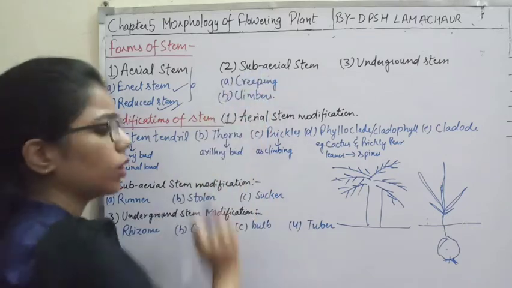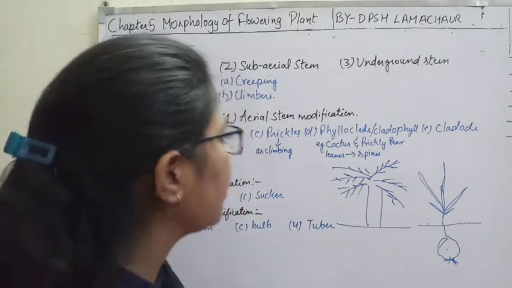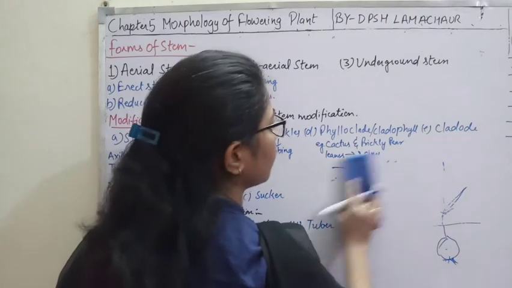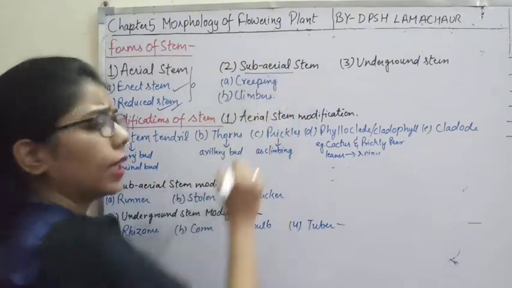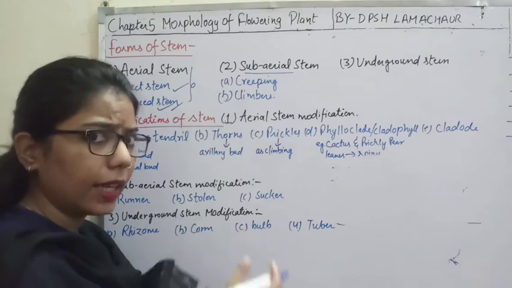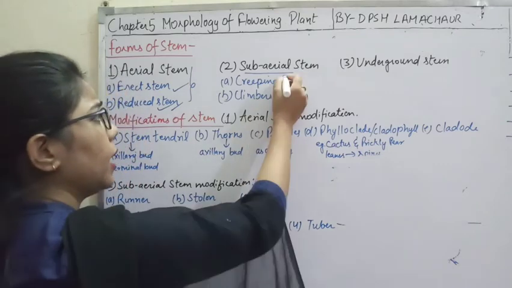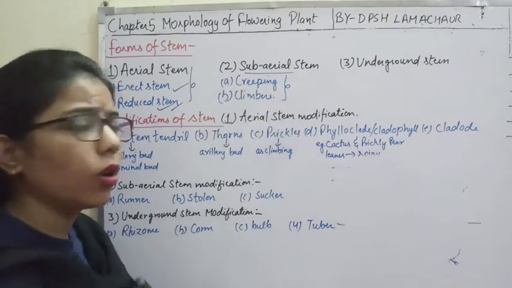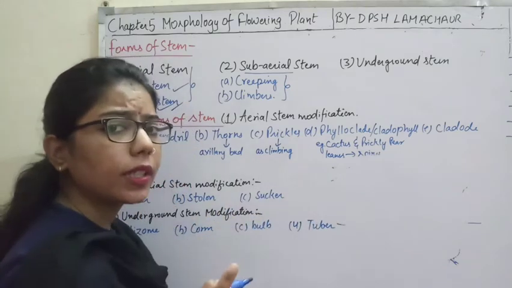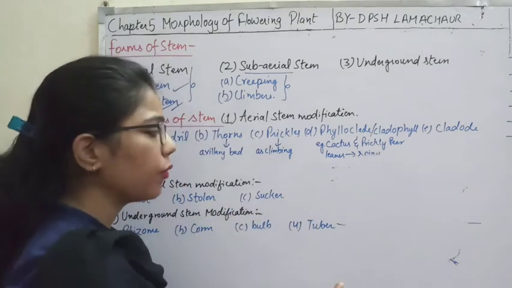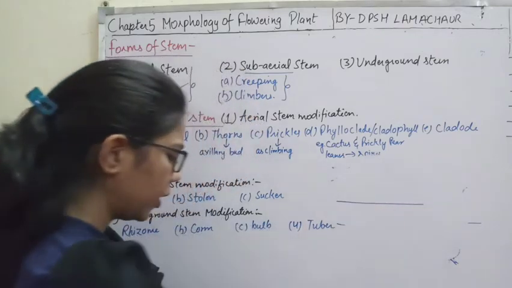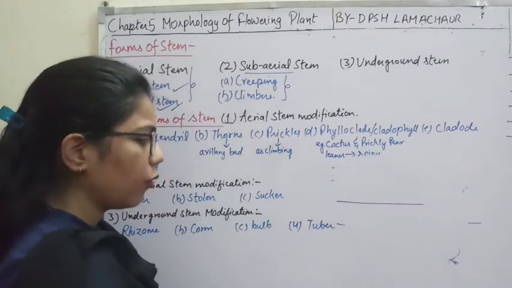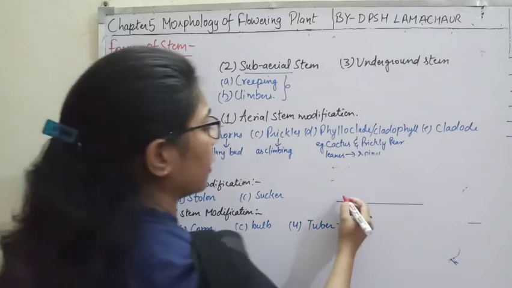Now we will discuss the subaerial stem. What is a subaerial stem? Subaerial means somehow they are present on the land as well as in the air. It again can be of two types, creeping or climbers. You have seen that a few plants creep on the ground. What is the meaning of creeping? Like a snake.